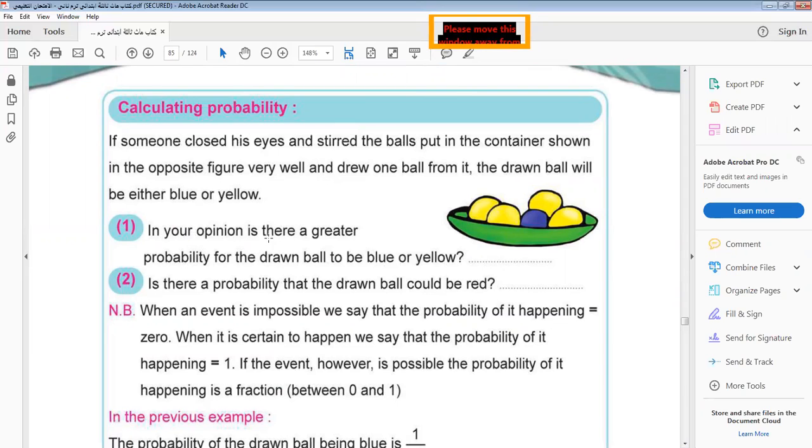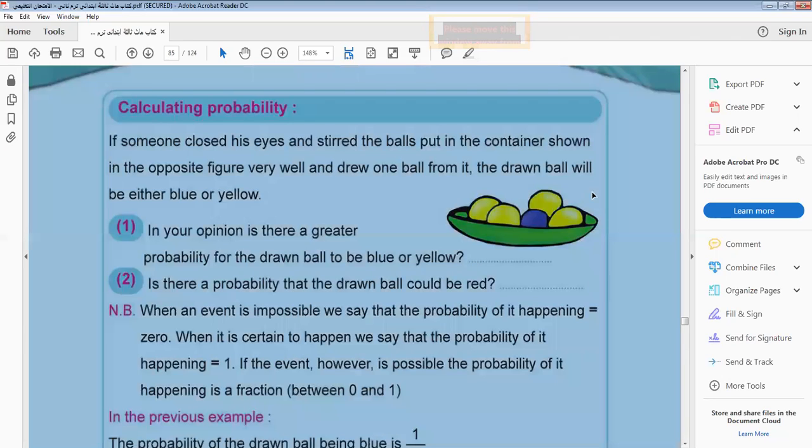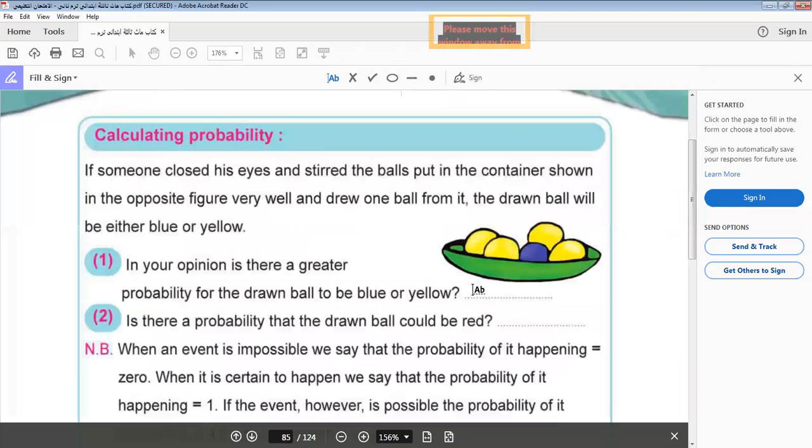Which is the greater? I will say yellow. Why did I say yellow? Because yellow is more than blue in this container.